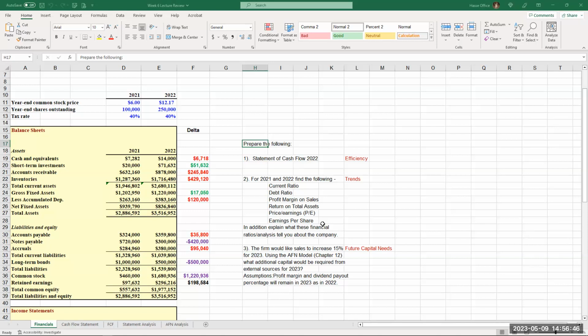So our job today is to look at these financial statements and make sure we understand what they tell us. That's a key part of this strategy. In case number 3, you're going to be looking at and finding all these terms that I've mentioned here: current ratio, debt ratio, profit margin, and so on, for your company for the most current fiscal year. You're going to be going to the D&B Hoovers database in the library.